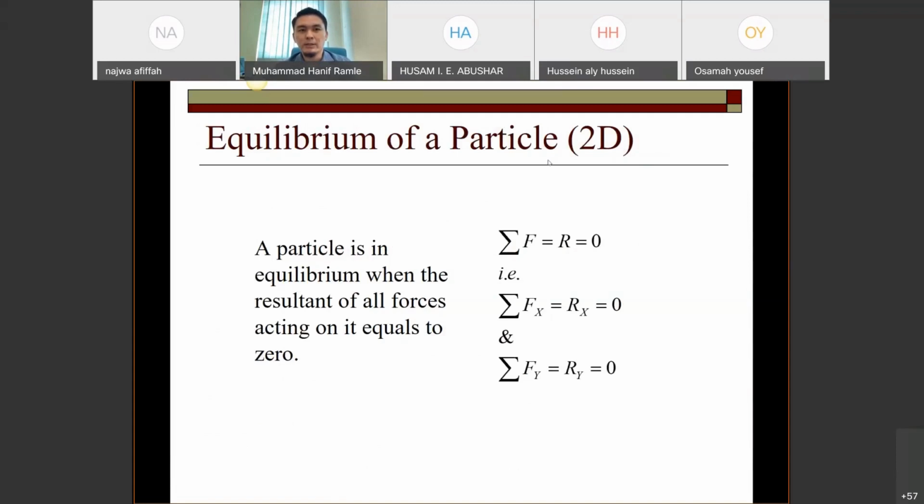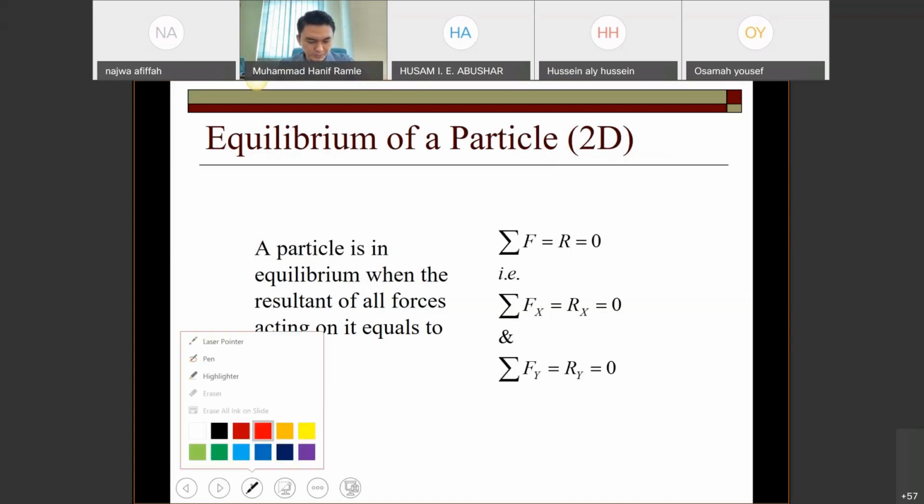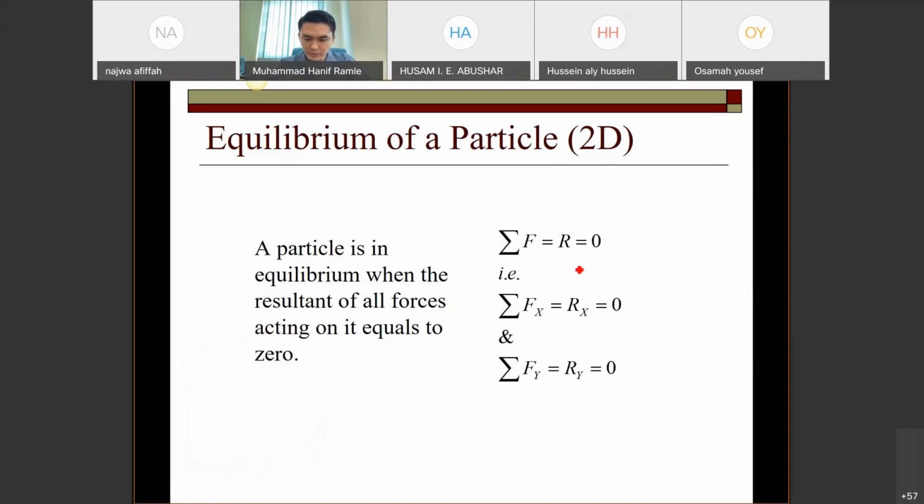In this lecture, we know that an equilibrium system is equal to 0, meaning that a particle is in equilibrium when the resultant of all forces acting on it is equal to 0. So either x or y, it should be equal to 0. This is the resultant, and it must be equal to 0.